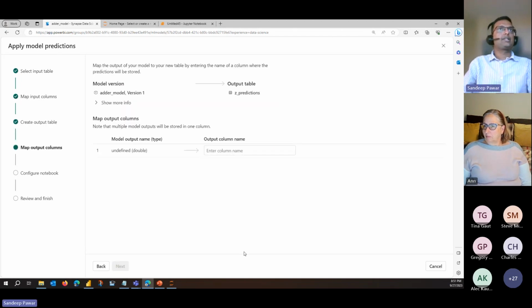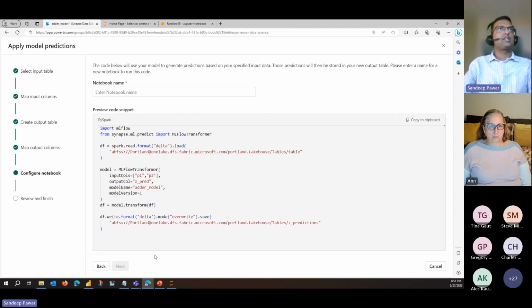And then click on next, and the name of the output that I want to create, and let's say it's called Z bread, and click on next, and it will generate the actual code snippet that you need to use. So I'll just grab that, copy this to clipboard, and this part is done. I don't need to do it. You can create a new notebook from here and then use that, but this part is done.